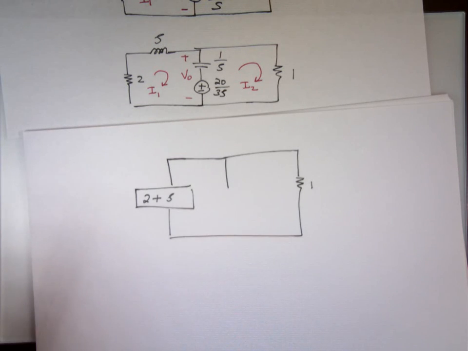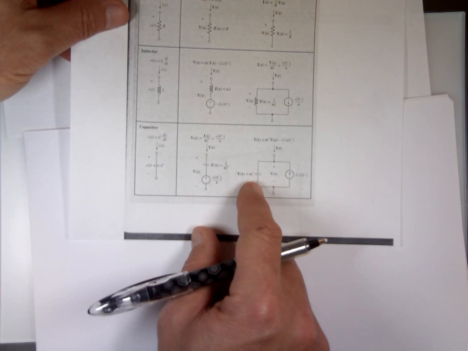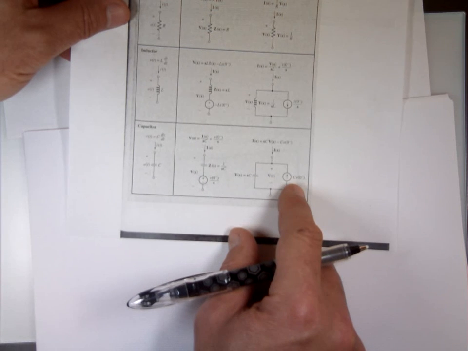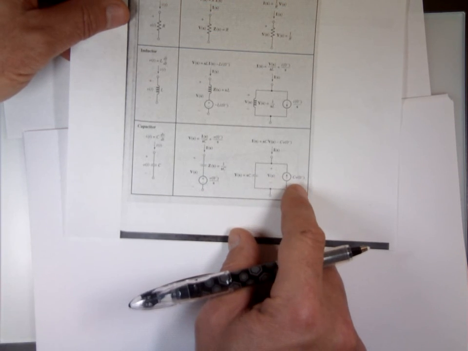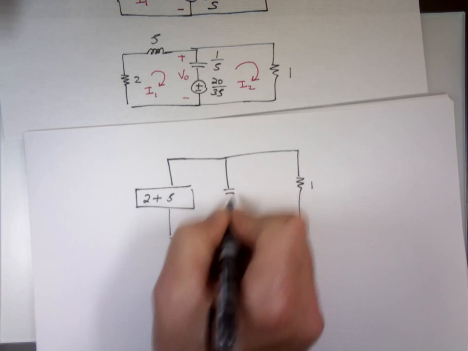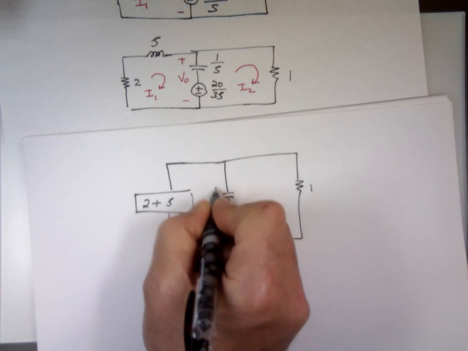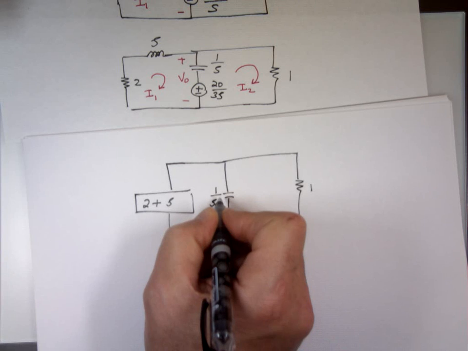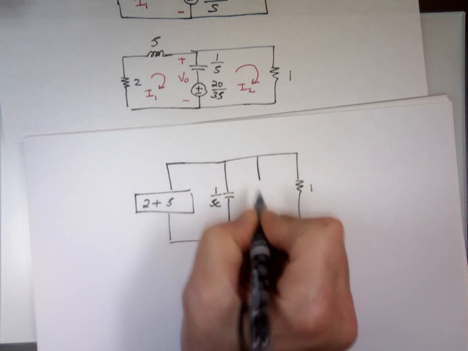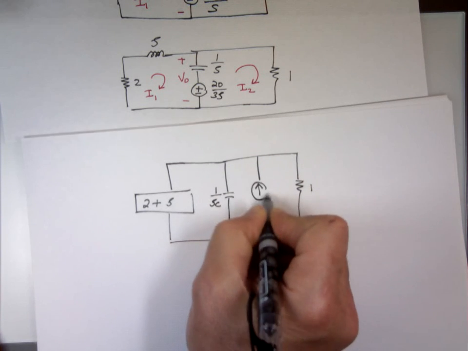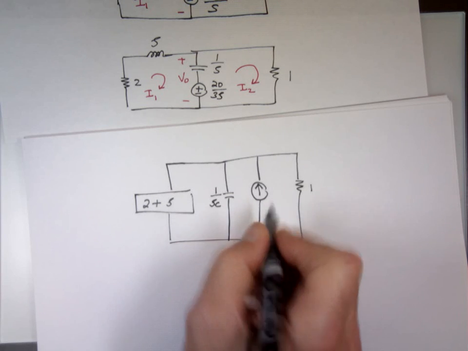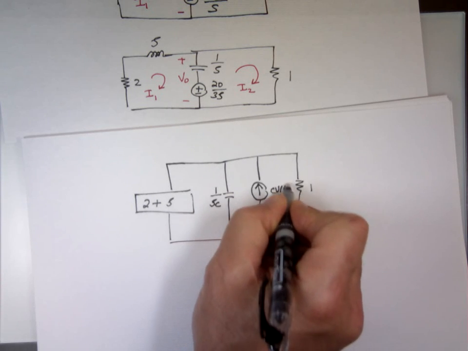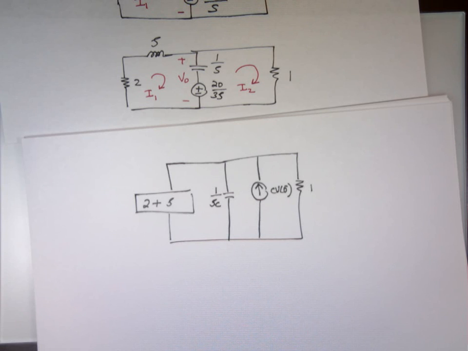If I use a capacitor, so this is going to be 1 over SC, and that will be what? C times V0. 1 over SC with a current source pointing upward, with the value of that CV0. That might be actually easier. It might be mathematically, because how many unknowns do you have there? One.